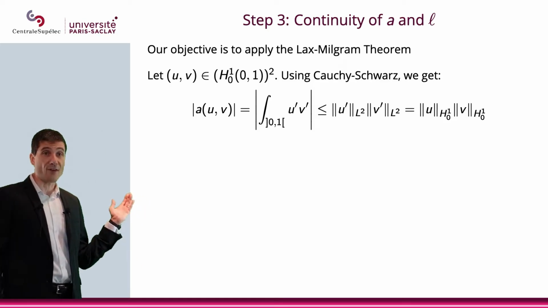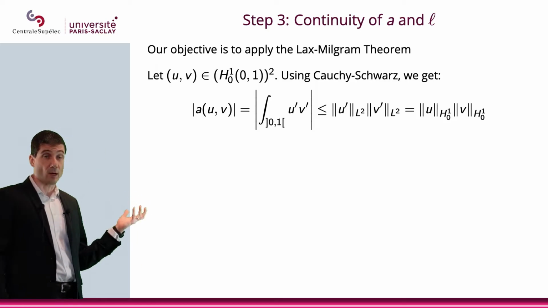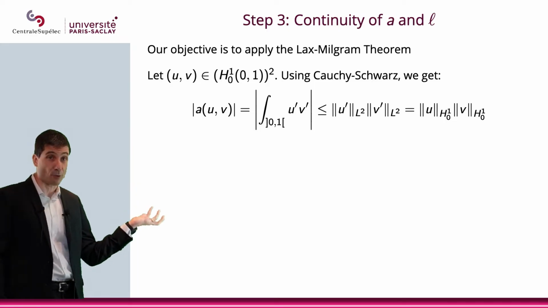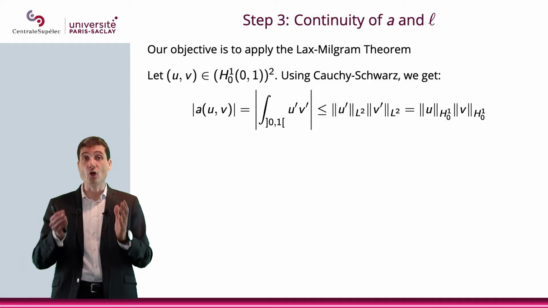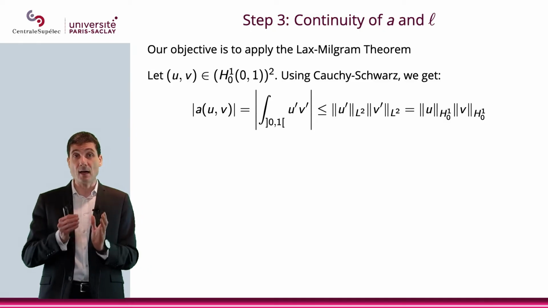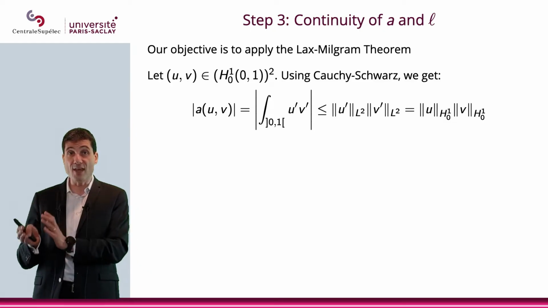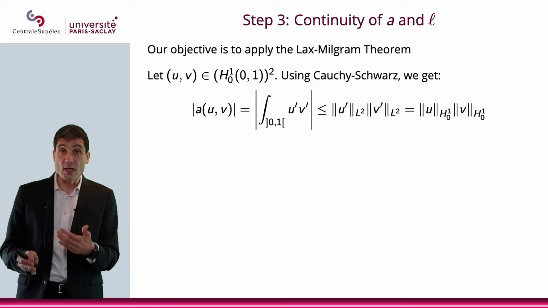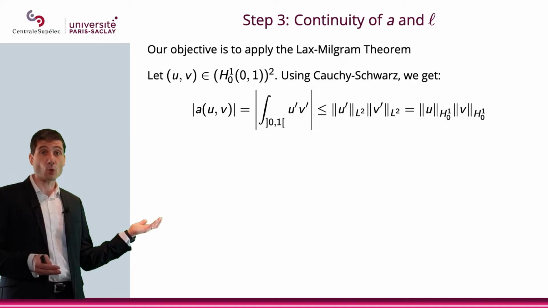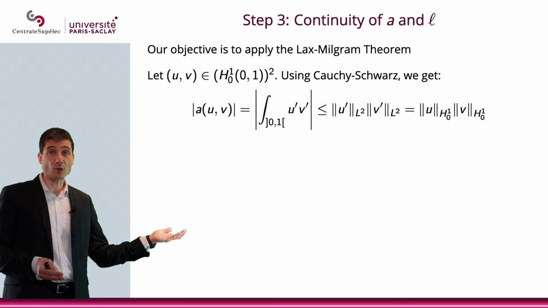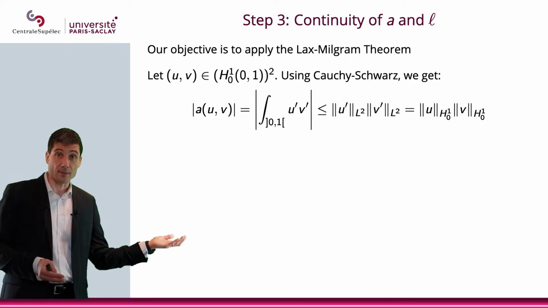The absolute value of A(u, v) is, replacing A(u, v) by its expression, and using Cauchy-Schwarz, smaller than the norm L2 of u prime times the norm L2 of v prime, which is equal to the norm H10 of u times the norm H10 of v.